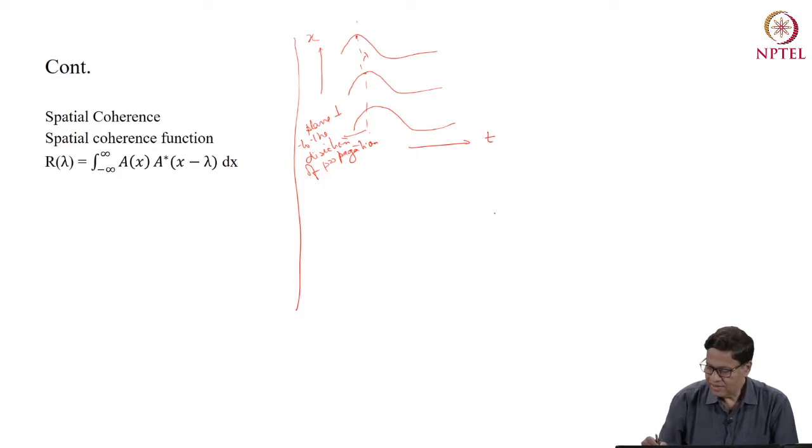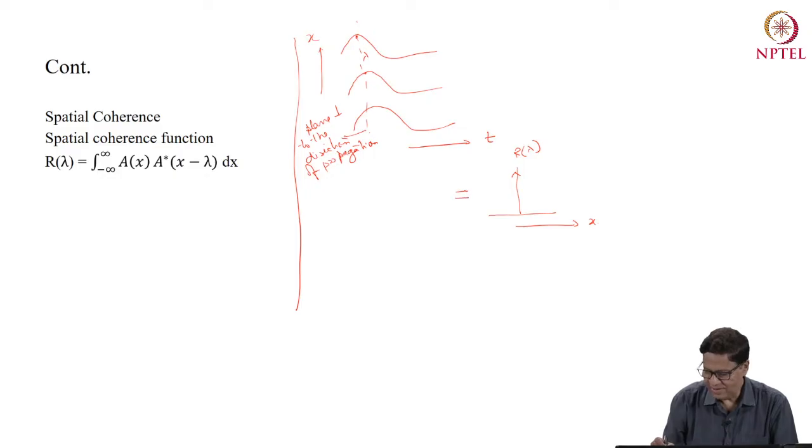Now if I take the coherence R(lambda) and plot R(lambda) versus x, and if it is something like this, that is, it is 0 at all values of x, and it has a maximum at x equal to 0.